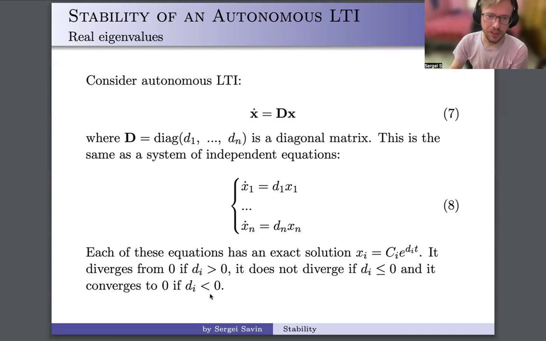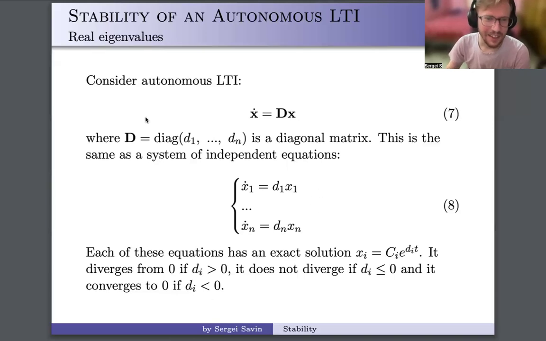So asymptotic stability is a more demanding definition than marginal stability. Marginal stability can be achieved even if you have zero in your diagonal matrix here. But asymptotic stability requires strict negativity. Make sense?